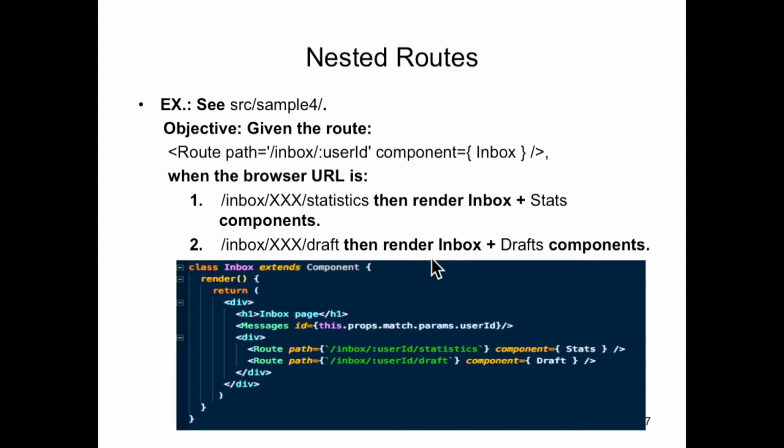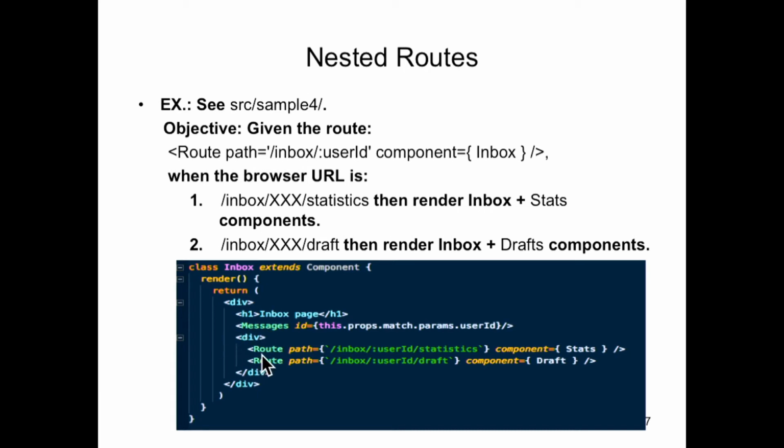Okay, so here's the inbox component in this case, and it's got ordinary rendering stuff, but suddenly I've got some route components as part of the inbox JSX content. When this entire component is rendered, I've just added a new messages component here, but there's nothing special in that. It just returns a piece of static text really.